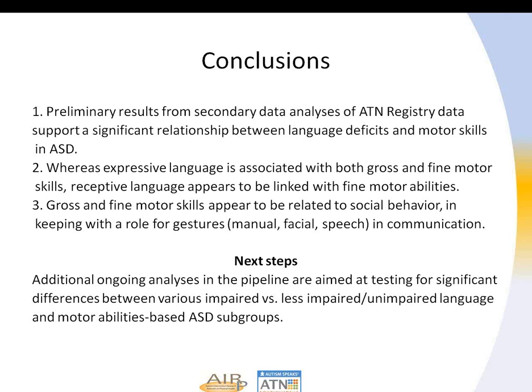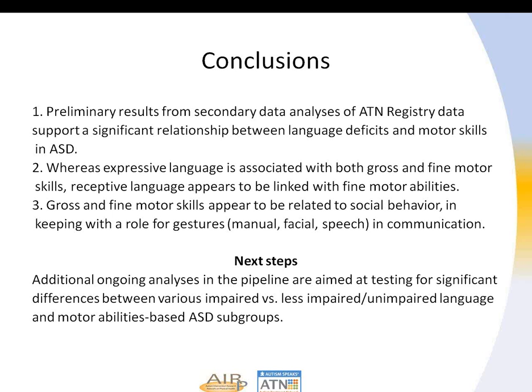We can think of this as a way of connecting the dots between manual gestures and our oral motor, i.e. speech gestures. So that's the linkage, and that's what we're hoping to go after when we have more measures, either from the ATN or from other studies, to better understand especially nonverbal autism.